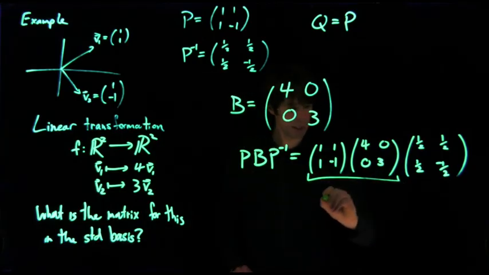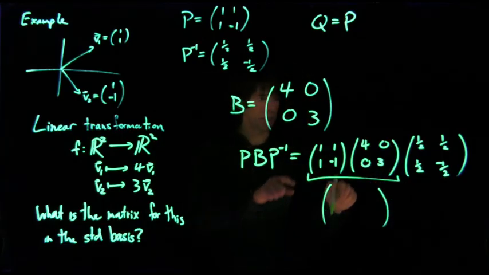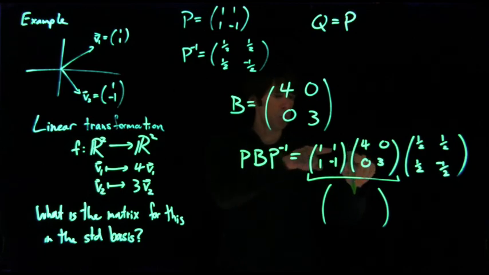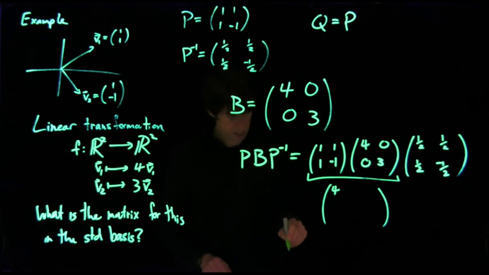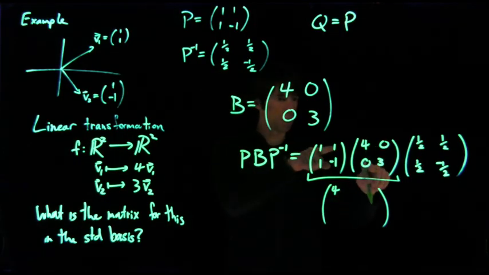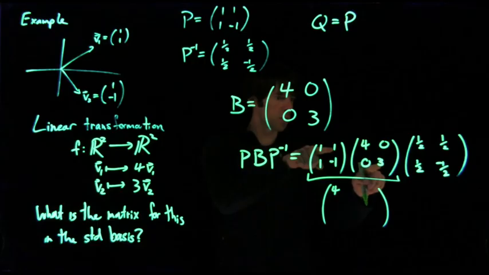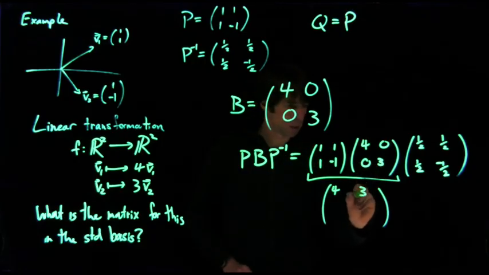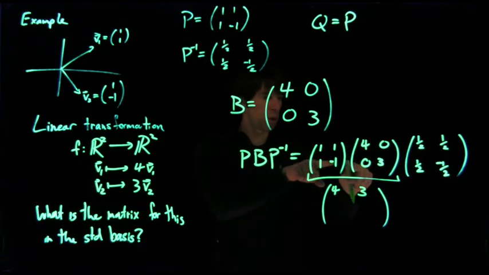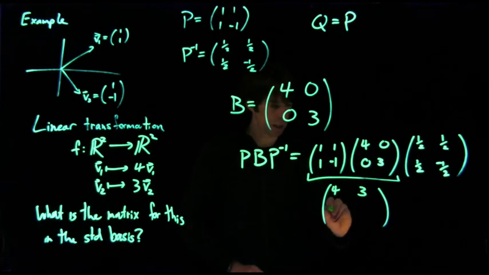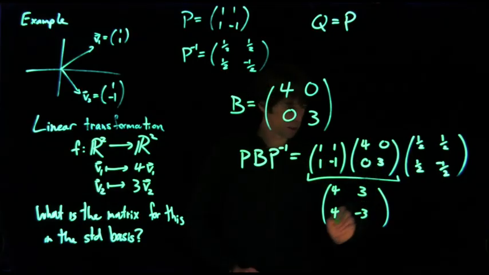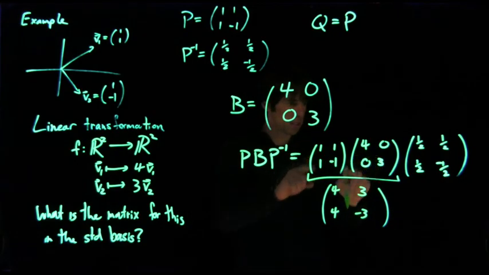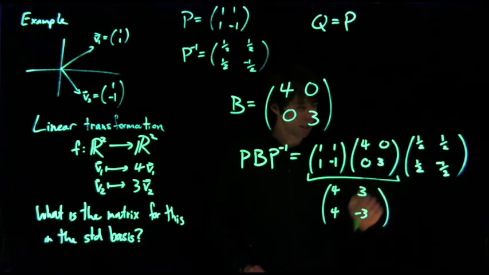If I multiply these two, I get 1 times 4 plus 1 times 0, so I get a 4 there; 1 times 0 and 1 times 3, so I get a 3 there; 1 times 4 and minus 1 times 0, I get a 4 there; and 1 times 0 minus 1 times 3, so I get a minus 3 there. So that's these two, and I multiply by this matrix here.